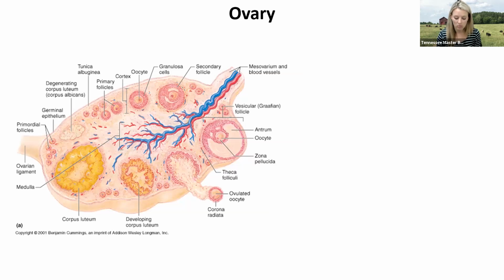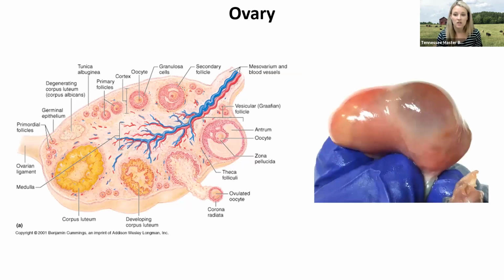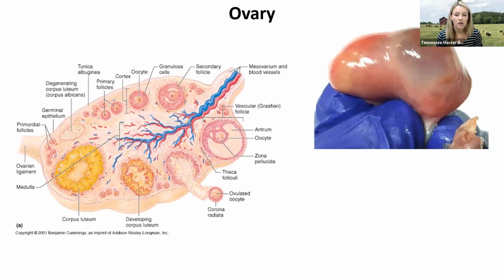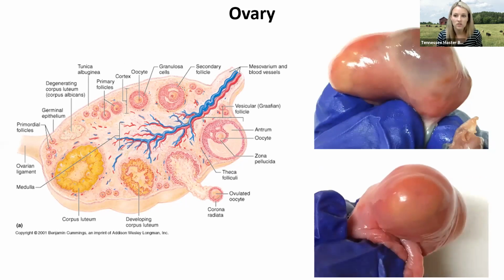The 2 main structures that we're concerned with are this top image, which is called a dominant follicle, and then this bottom image, which is called a corpus luteum or CL. And I'll be talking a little bit more about the ovary and the related hormones in the next slides.